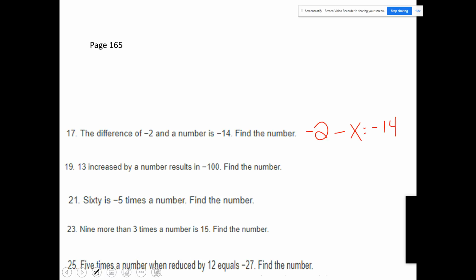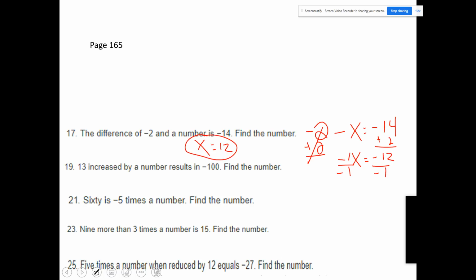Then we want to add 2 to both sides. We get negative x equals negative 12. Can't have a negative variable, so we divide by negative 1. So we get x equals positive 12.